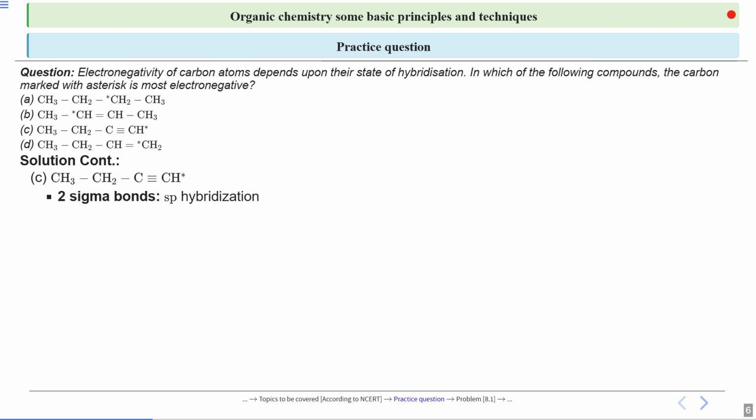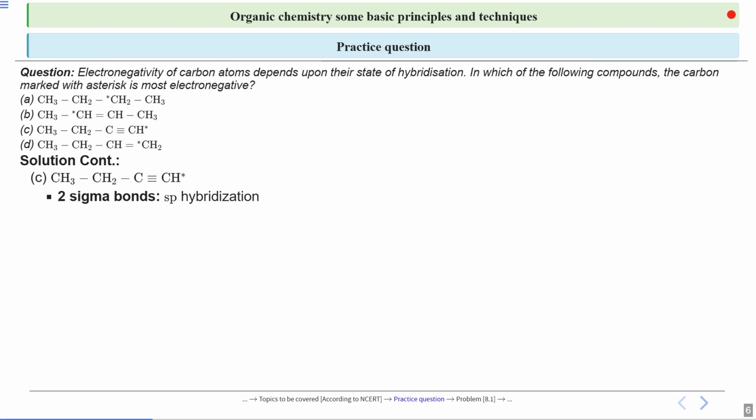One is the carbon on the left side and one is the hydrogen on the right side. From the right side hydrogen, it is making 1 sigma bond, and from the left side carbon, it is making 3 bonds, out of which 1 will be sigma and 2 will be pi. So that counts up to a total of 2 sigma bonds, one coming from carbon-carbon and one coming from carbon-hydrogen. Therefore, its hybridization will be sp.